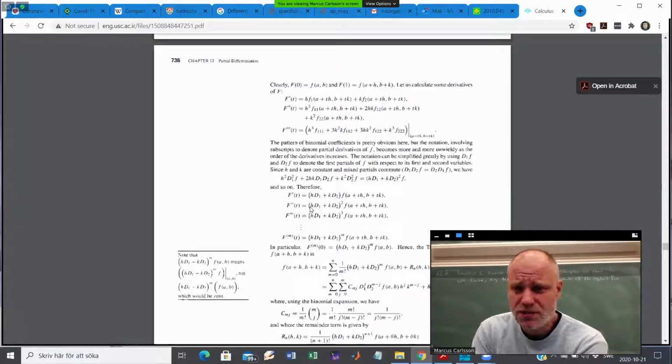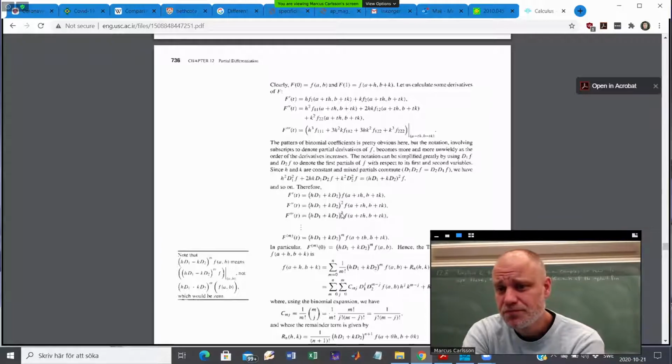So it takes a function in and spits out a new function. And then we can all of a sudden start doing algebra with the differential operators. So instead of writing a long, ugly thing like this, or even worse, this one, we can write hd1 plus kd2 to the power of 3, which looks very nice.